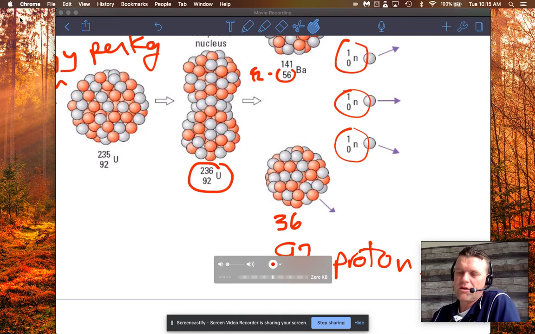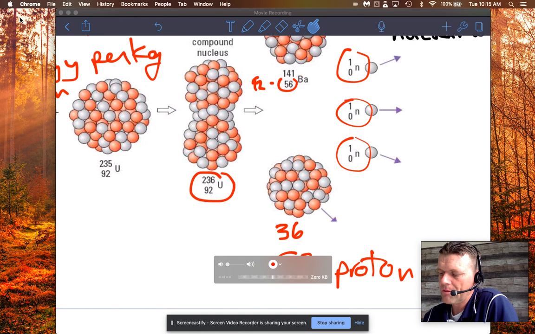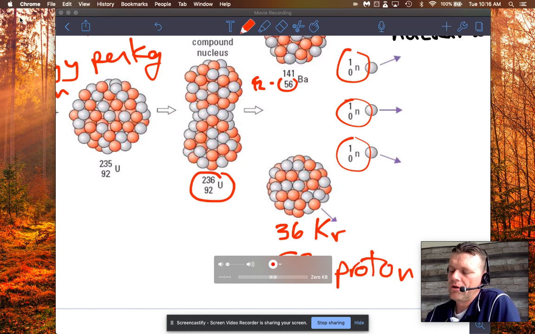Some of you can see from the equation, but if you're not sure, you would do the arithmetic. You'd look at your periodic table and look up 36, and that's krypton. Woohoo. But what isotope of krypton is it? Well, we'd have to look at the top number, which is the conservation of nucleons: 236 minus 141 minus 3, because you got 3 neutrons as well.